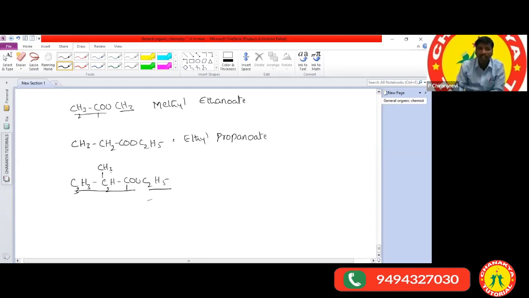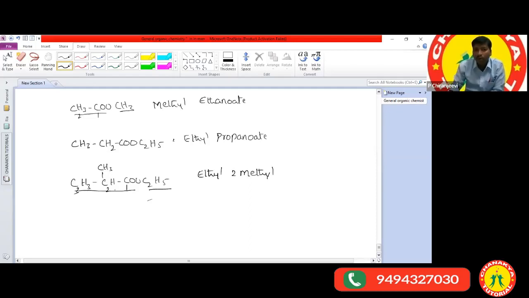First we write the alkyl group, ethyl. One more substituent is the methyl group at position 2, so we write 2-methyl.